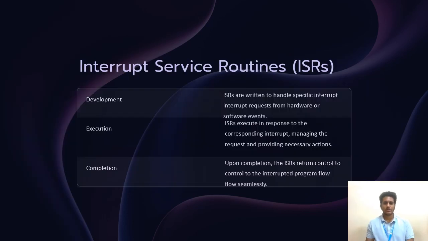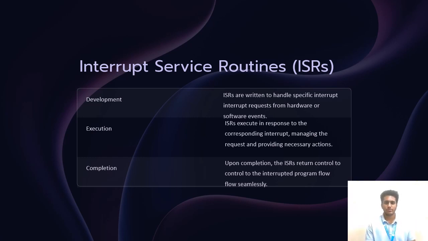Coming to the interrupt service routine, as there are advantages as well as disadvantages of interrupts, any interrupt may be interrupting a CPU from an important execution that has to take place. So we should develop a specific way to handle the interrupts in the meantime.